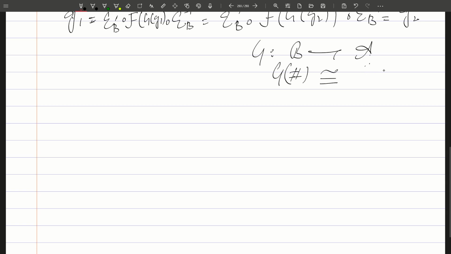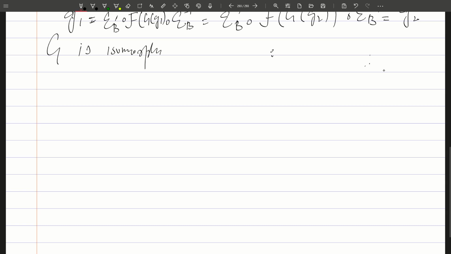So this is what we have to prove. I mean, G is isomorphic dense. So let A be any object in A.